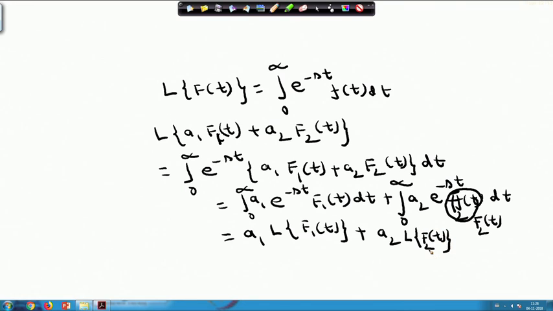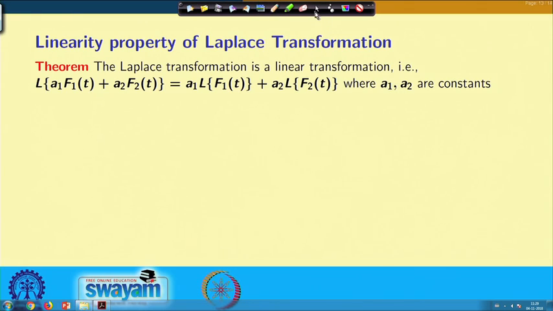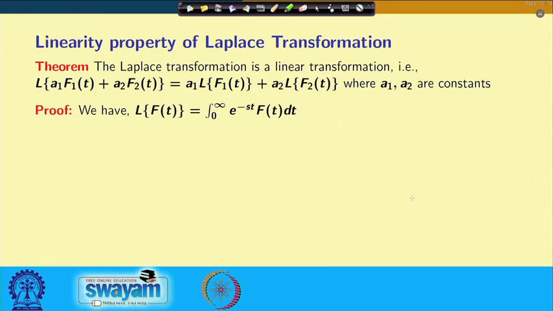So, this completes the proof that the Laplace transform of a1 f1(t) plus a2 f2(t) equals a1 times the Laplace transform of f1(t) plus a2 times the Laplace transform of f2(t). Let us go back to the earlier slide.